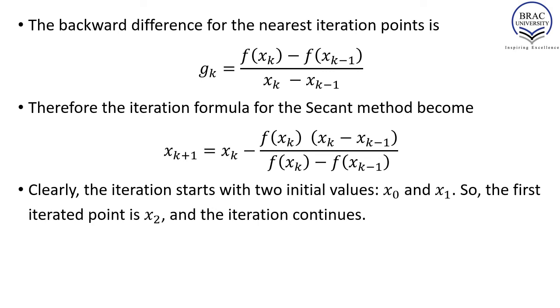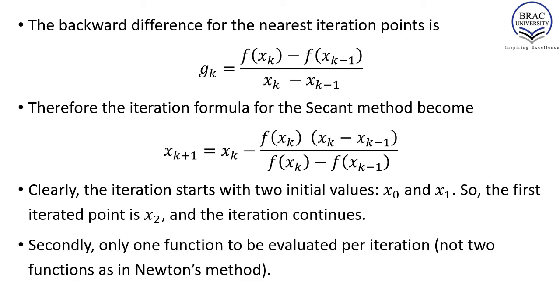Afterwards we just continue the iteration, because once we compute x2 then we can use x1 and x2 to compute x3, and from x2 and x3 you can compute x4. So that's how the iteration goes. Initially we need 2 iteration points to continue the iteration in this method.